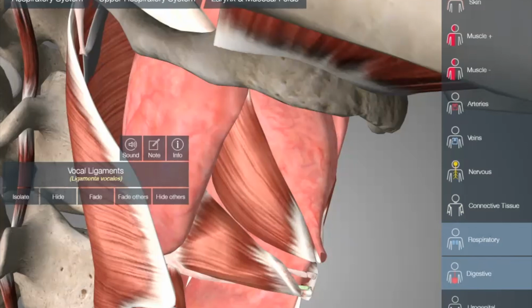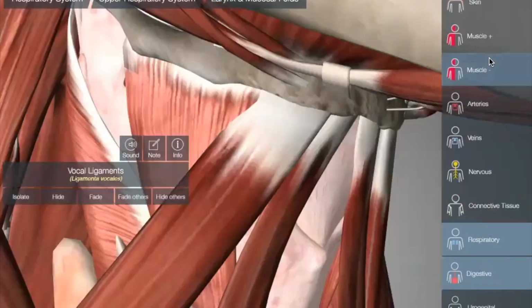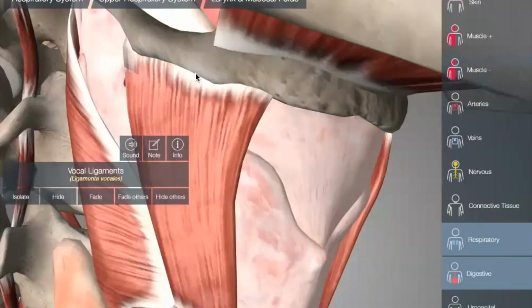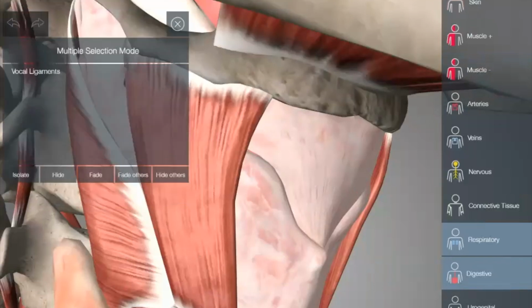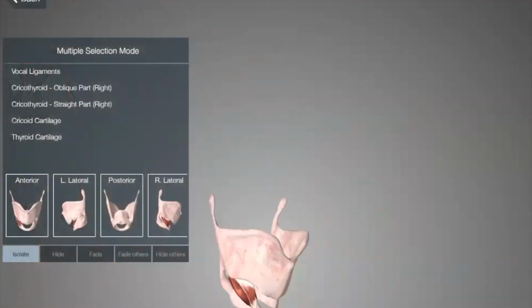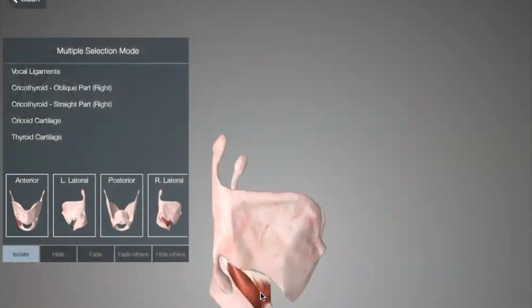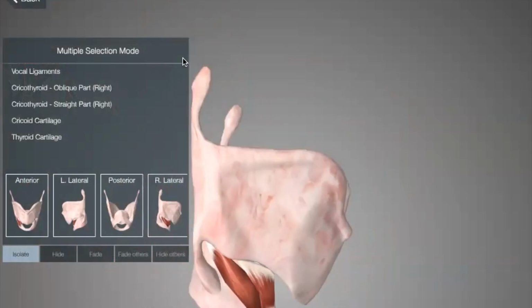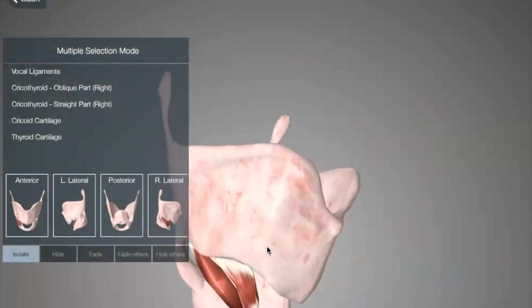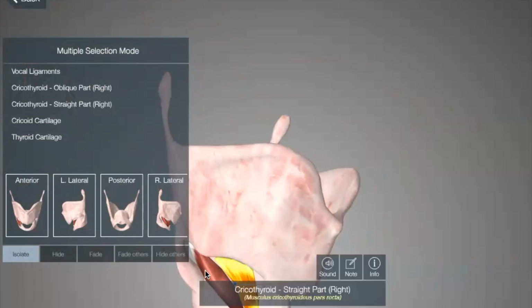Let me try and select. Man, I hate this platysma. Here, isolate. Look. The cricothyroid is made up of a straight part and an oblique part.